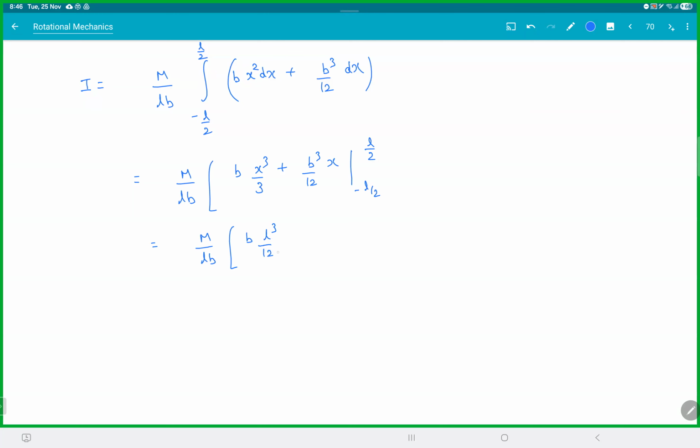It will be L cube by 12 plus B cube L by 12. One LB will cancel, you end up with ML square by 12 plus MB square by 12.